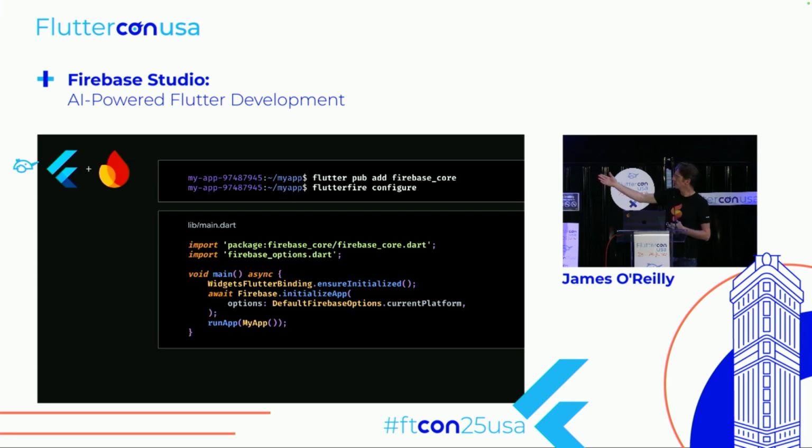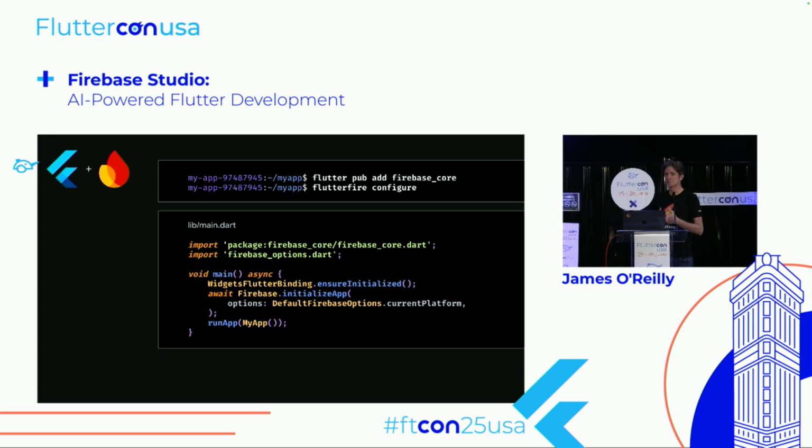So in our project, we're importing the core library, and then we're importing that configuration we just created. After that, we are initializing using that configuration, and it pulls from the current platform.